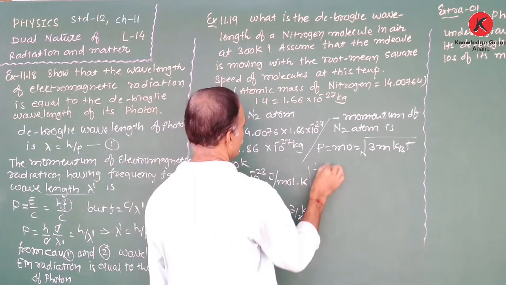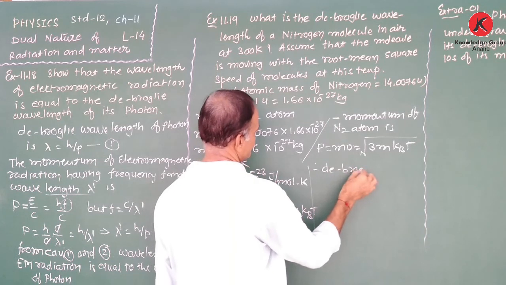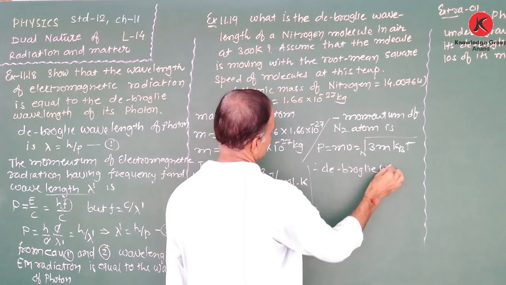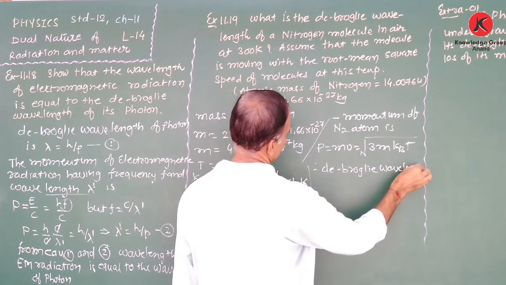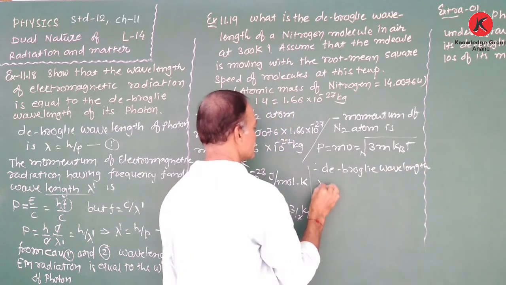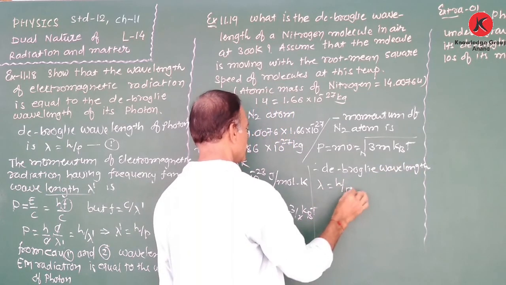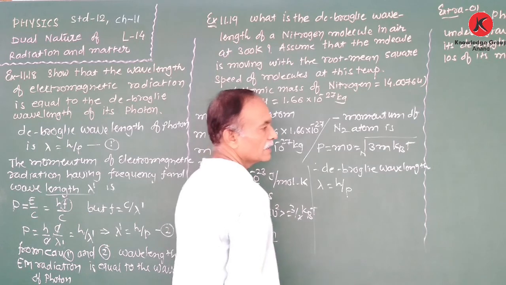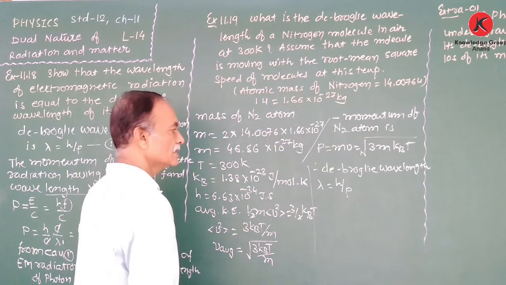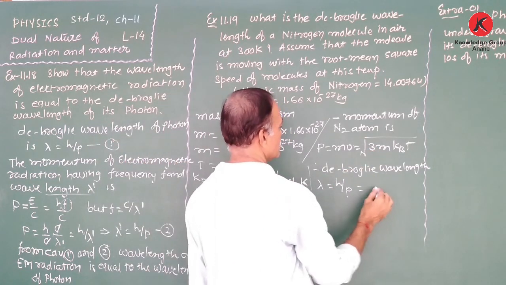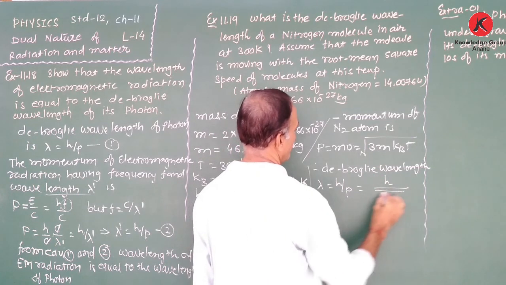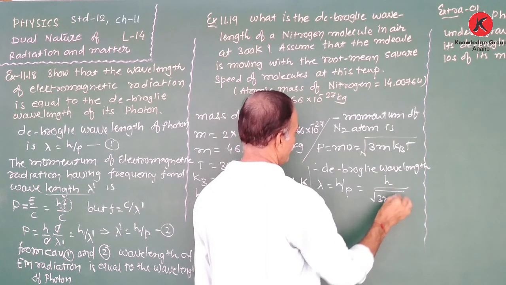Therefore, de Broglie wavelength lambda is equal to h upon p. Substitute the value of p, therefore h upon under root of 3 m kB T.